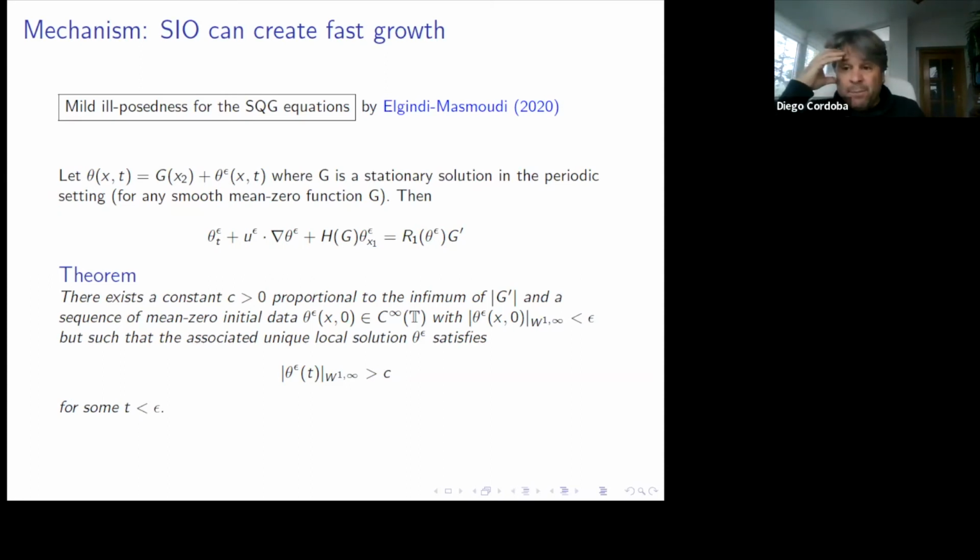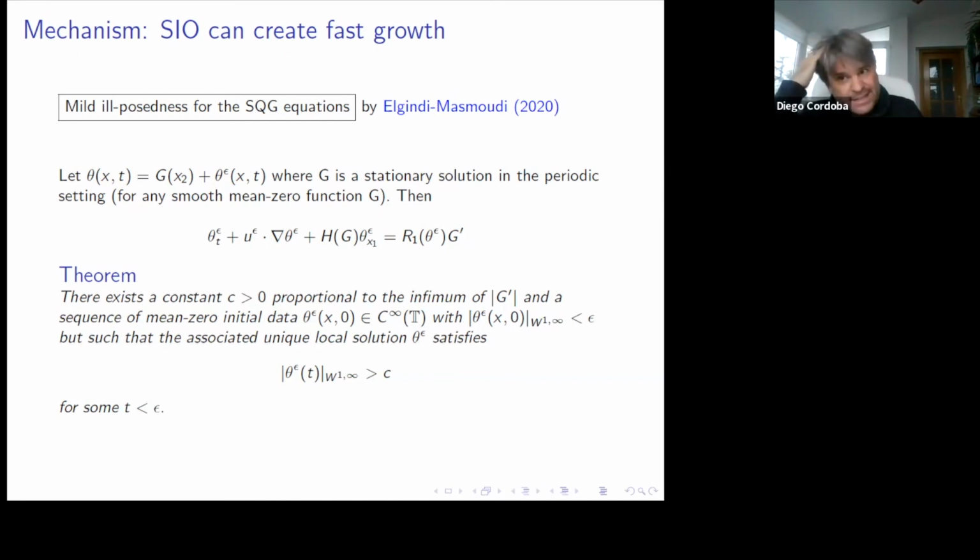But what they were able to prove is mild ill-posedness: you can assure that instantly your solution is bigger than a certain constant C. So this is not strong. Strong would be the case where C is 1 over epsilon, and then you can make it as big as you want.